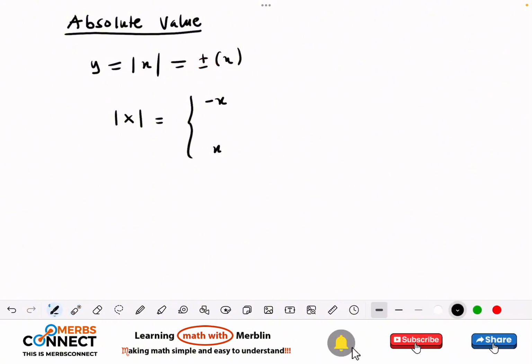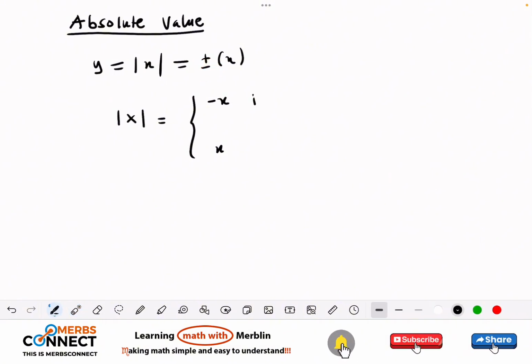If x is negative, then all values of x are what? Less than 0. They should be negative. So that's why I said negative goes with negative. So if this one is negative, then all values of x for this one should be less than 0.